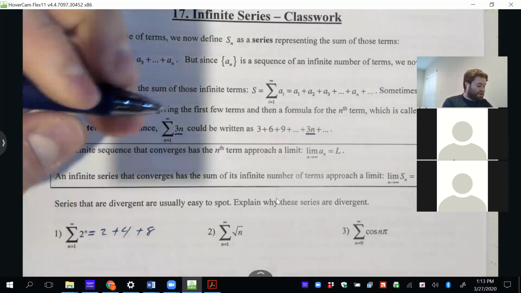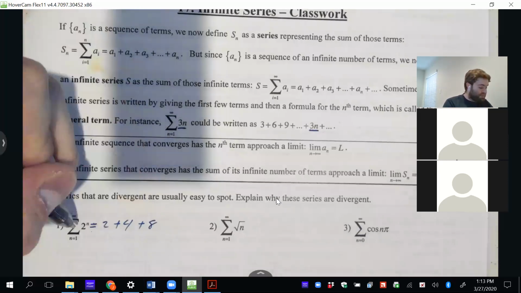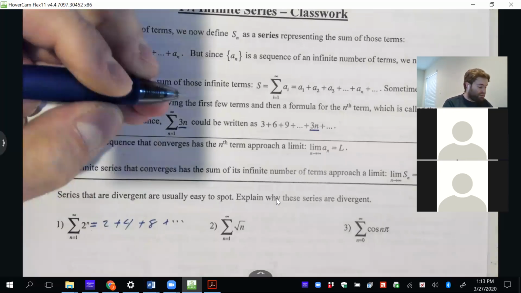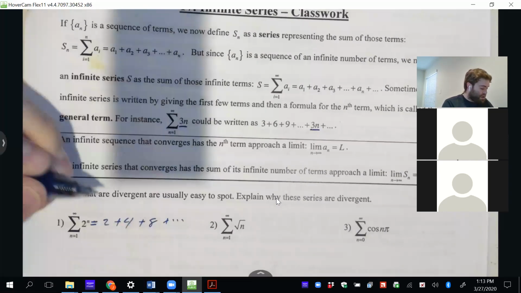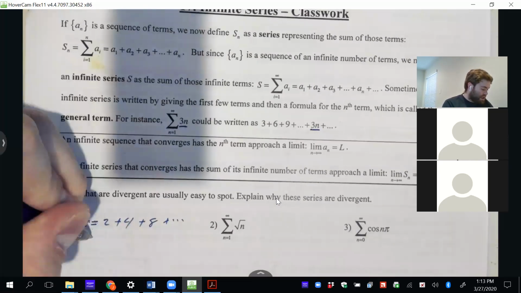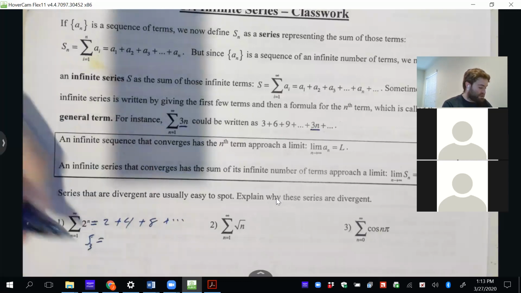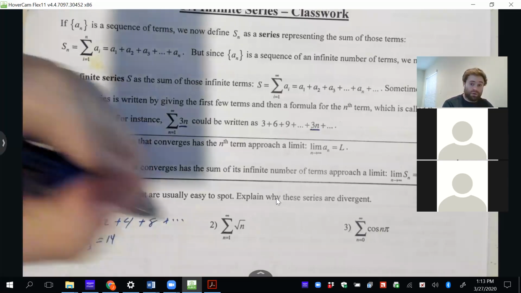If n is 4, we'd have 2 to the fourth power, which is 16, and so on forever. That's just going to keep getting bigger, since we're adding more and more terms. If I wanted to cut it off and say S sub 3, that'd be the summation of the first 3 terms, which is 2 plus 4, which is 6, plus 8, which is 14. And we just keep adding more and more.